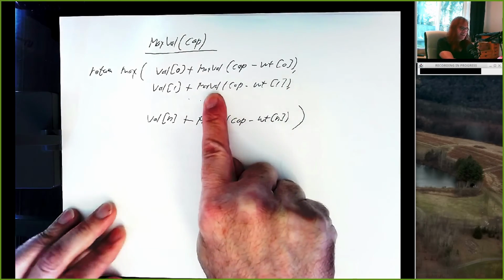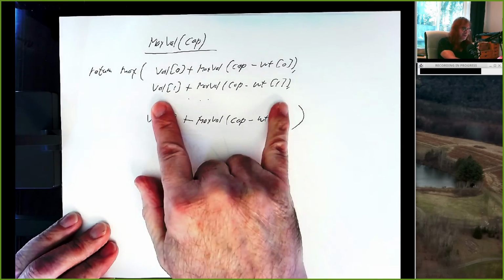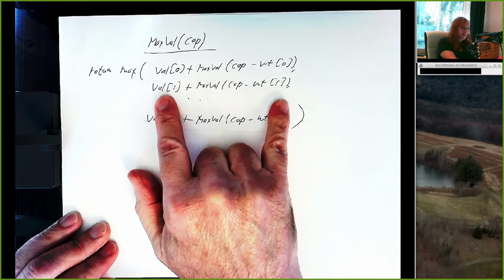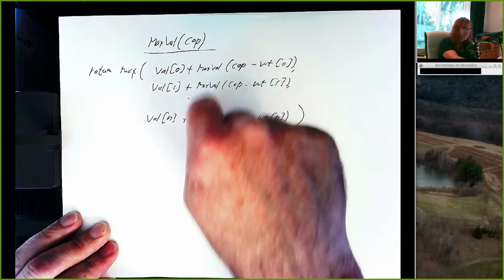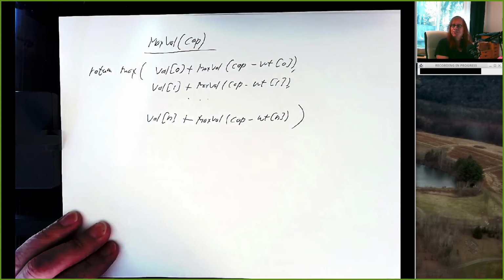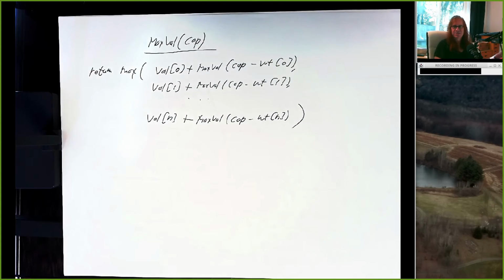And so if we add that maximum value to the value of the item we put in the bag, that tells us how much value we get by starting with that item. And since we're going to start with one of these items, we calculate the value for each of those cases and we pick the largest number. That's the maximum value we can get from the original bag's capacity.